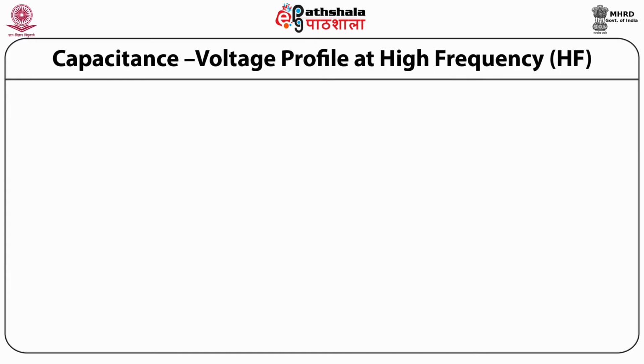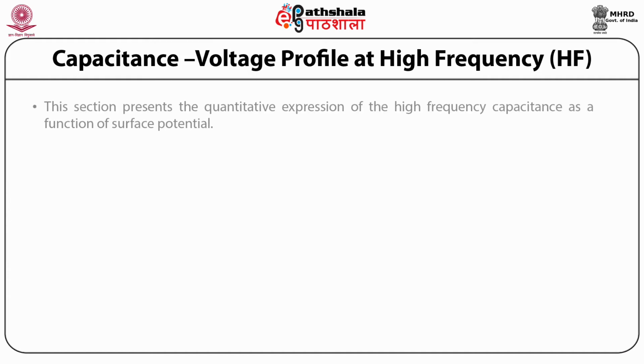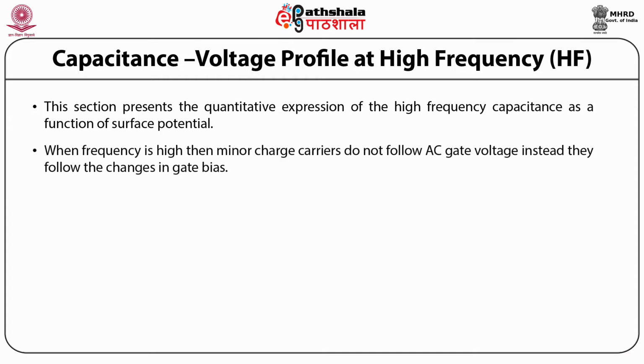Let us now calculate the capacitance voltage profile at high frequency. This section presents the quantitative expression of the high frequency capacitance as a function of surface potential. When the frequency is high, then minority charge carriers do not follow the AC gate voltage.